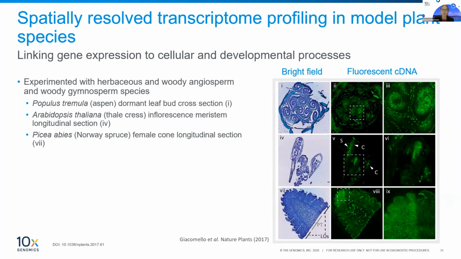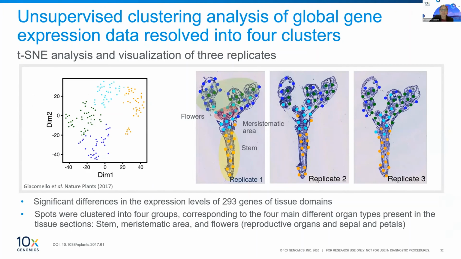But I just wanted to showcase here it can be done, and really interesting data from the different sections of a seedling, for example, can be captured. Scientists identify very specific numbers of genes. You see very similar clustering that we see in a typical mammalian cell or tissue Visium experiment, for example.